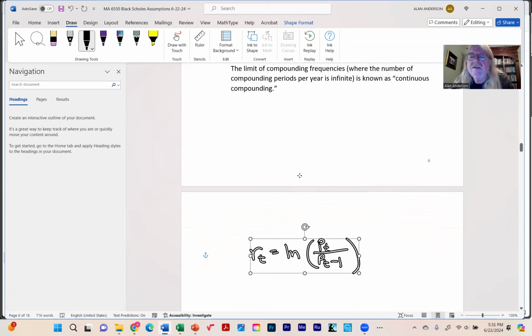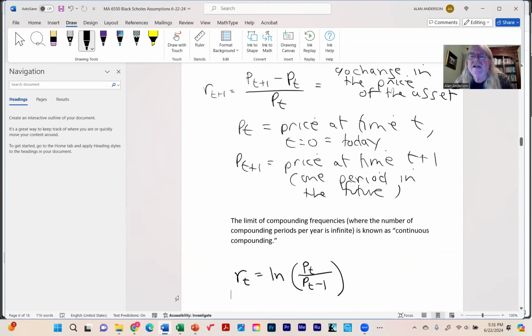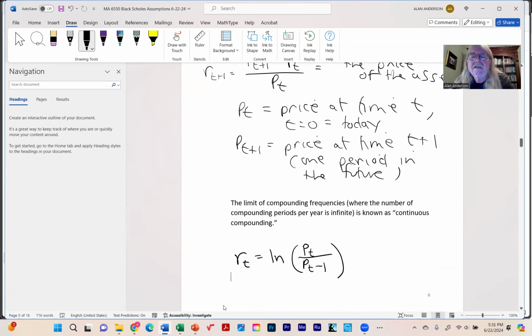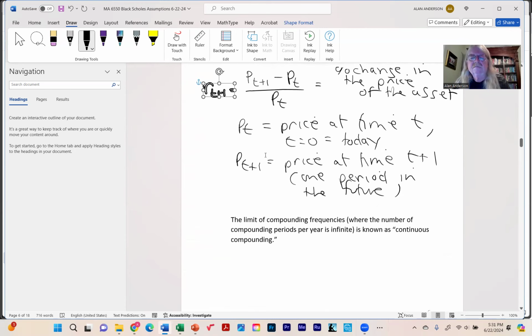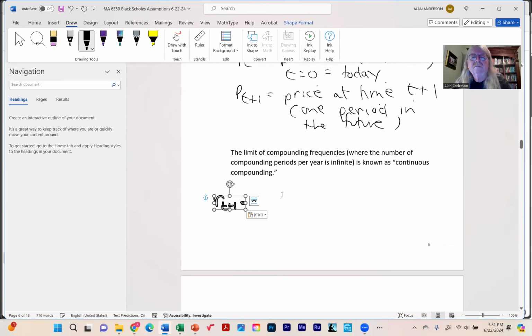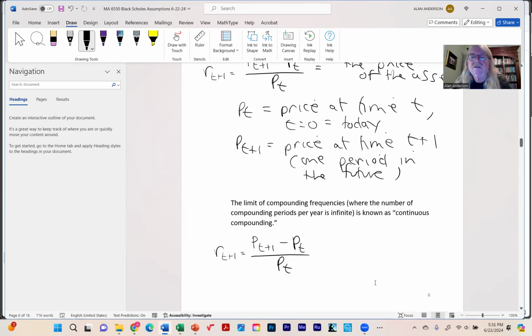Now here, just keep in mind, actually, we could have done this in two different ways. Sometimes, let's go back and revisit this one. In some books, they write the rate of return like this, where it's understood that we bought the asset at time t and we sold it at time t plus 1.